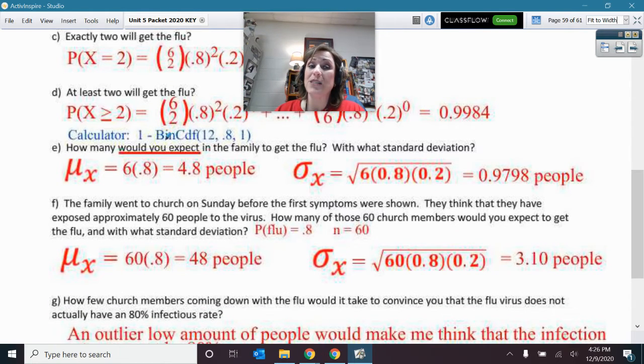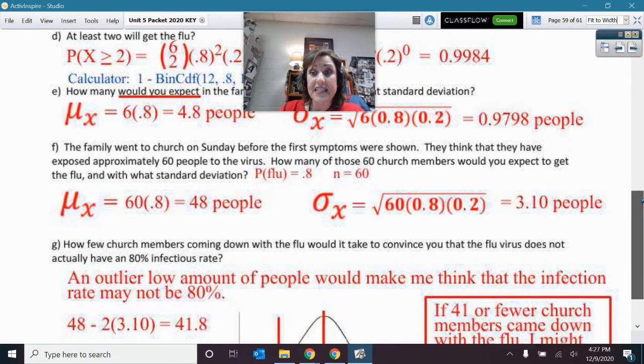All right. How many would you expect in the family to get it? So out of the 6, I'd expect 4.8 on average. Yikes. So quite a bit. And then with this standard deviation, so these are the binomial ones because they are out of the 6. Now, this is interesting. It says they went to church and they exposed 60 church members.